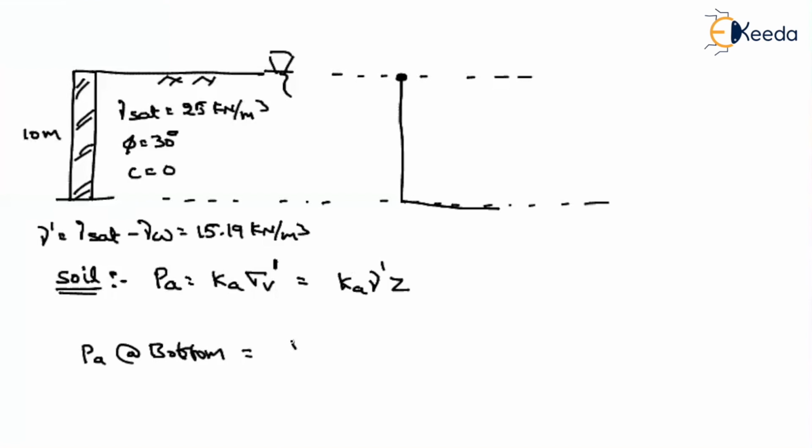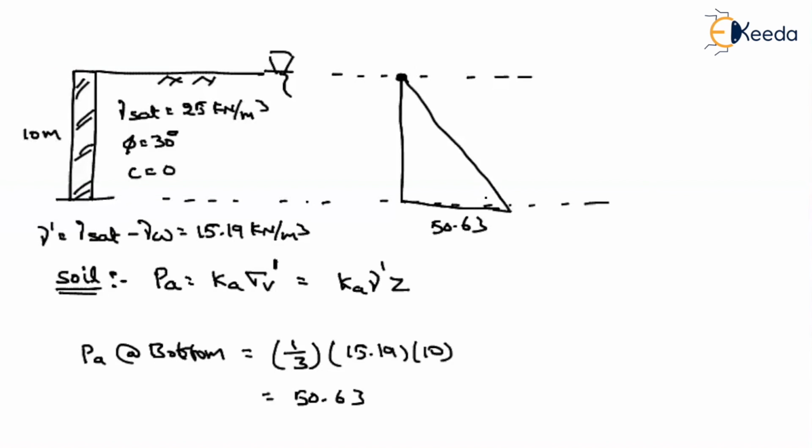That will be equal to Ka, 1 by 3, into gamma dash 15.19, into the height 10. If we solve this, we will get around 50.63. In between it will vary linearly. So this is the stress because of the effective soil.